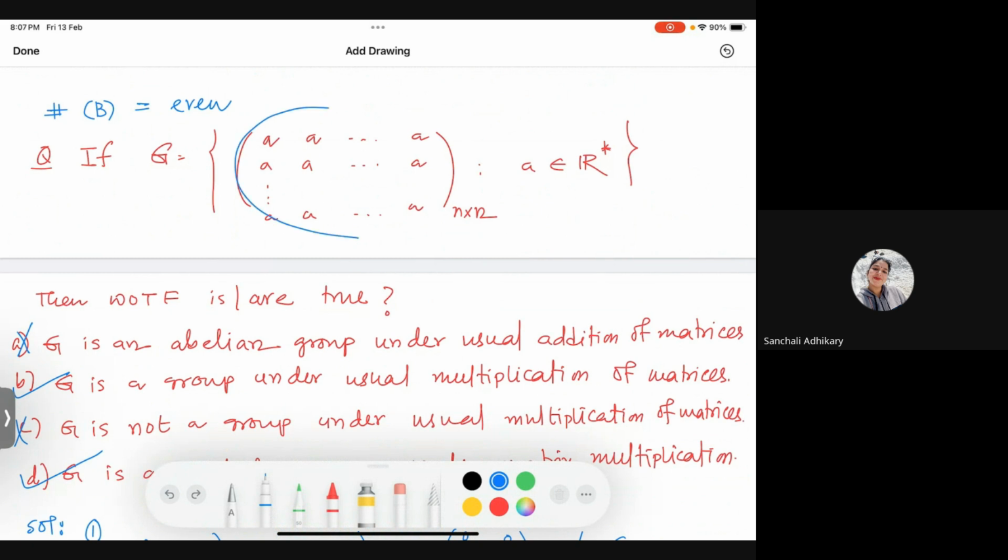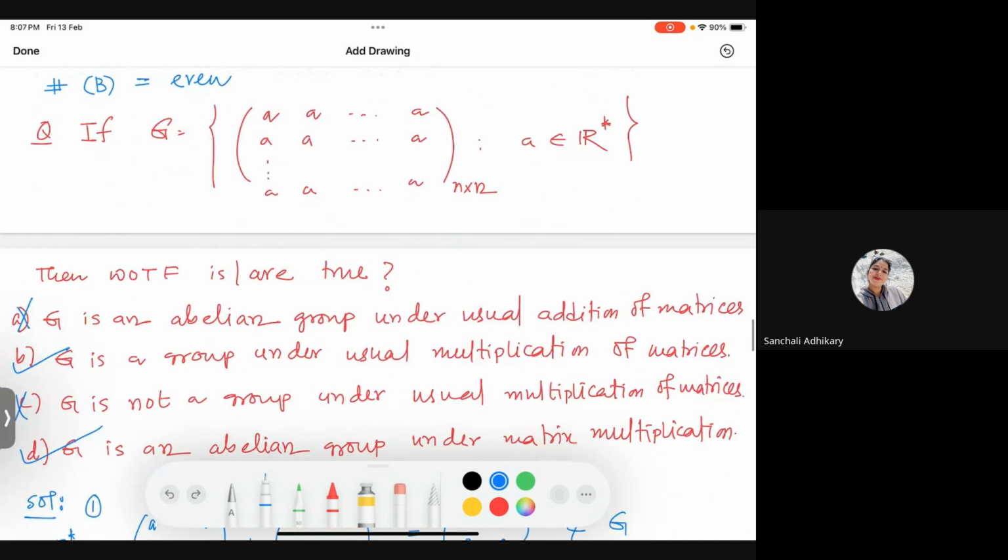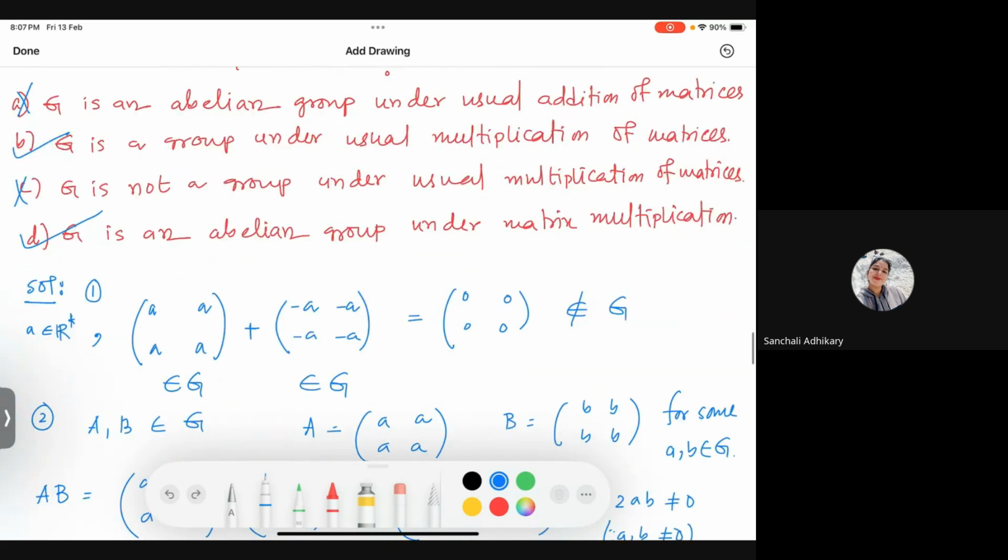Take those matrices whose entries are all the same. Now, which of the following is true? Is this a group or not? Is it an abelian group or not? Under usual addition, under multiplication. Okay, multiplication means matrix multiplication.